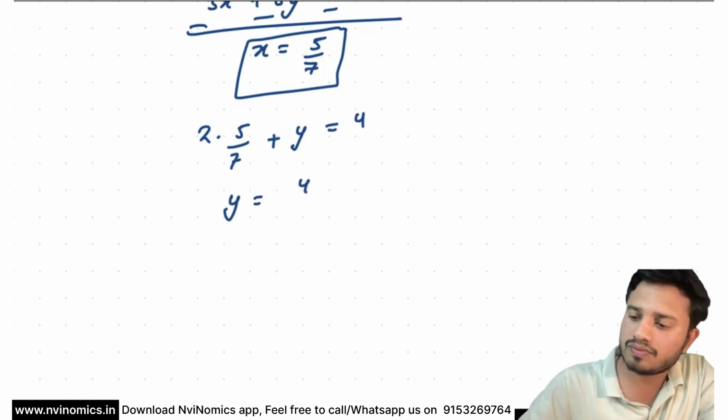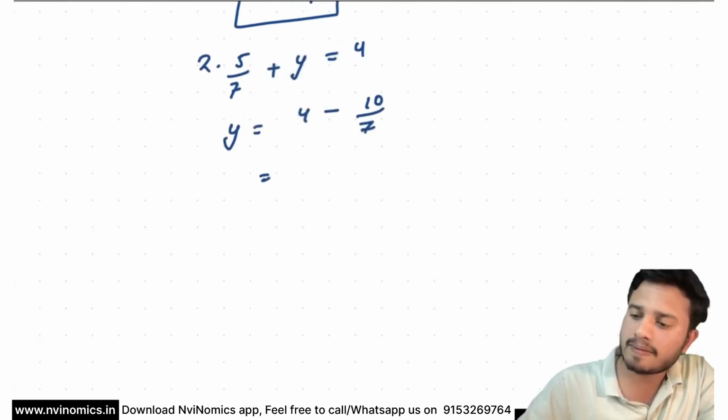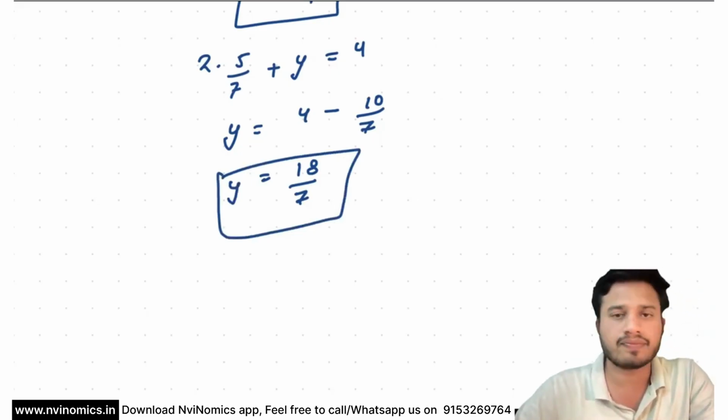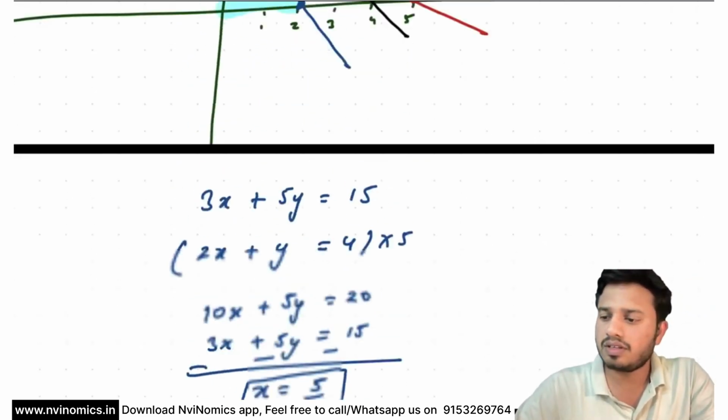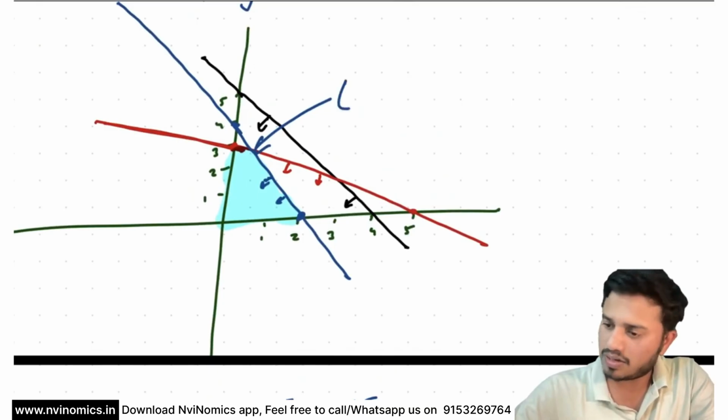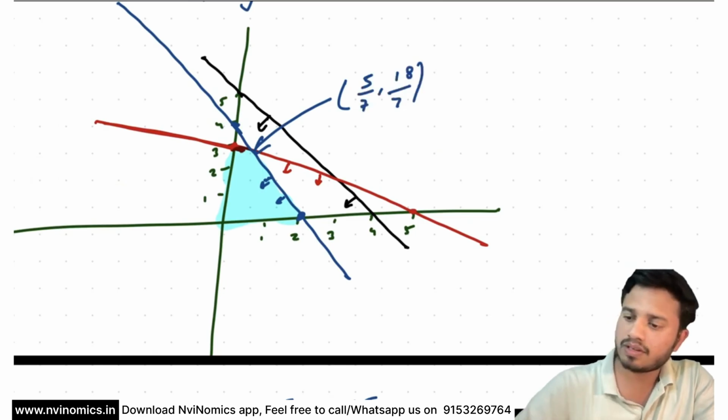Then y equals to 4 minus 10 by 7, that is 28 minus 10, 18 by 7. So y is 18 by 7. Okay. So this point is (5 by 7, 18 by 7).